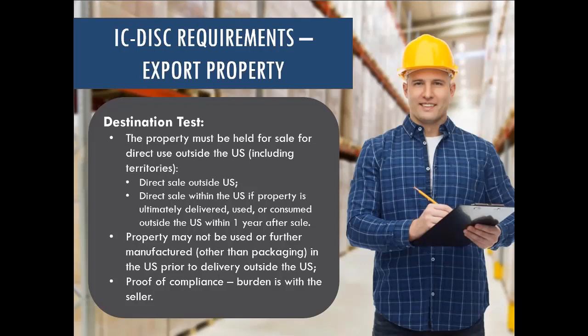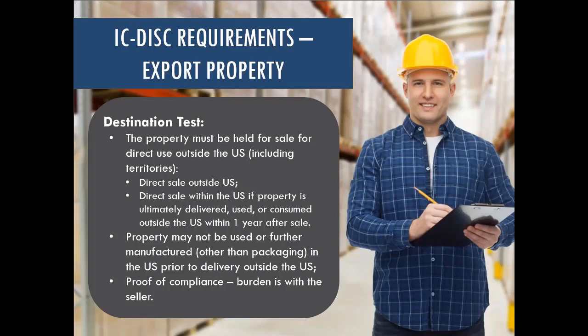For example, say you sell to a US distributor, and that distributor then sells to a foreign customer and exports the property. As long as that's all done within one year of sale, you would meet this indirect export test. Or say you sell to a US customer and deliver the property to the US address of the customer, but that customer is going to use the property outside the US, then it could potentially meet this indirect export definition and qualify under the destination test.